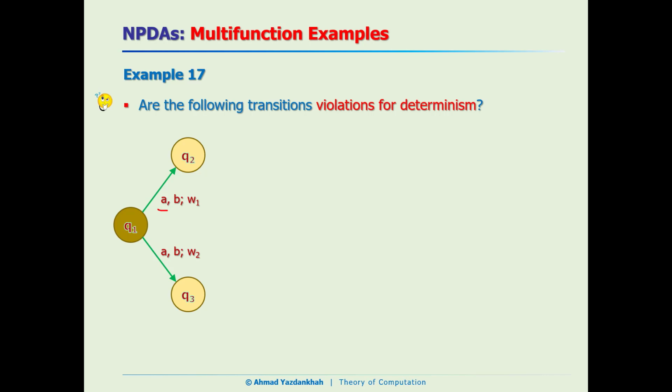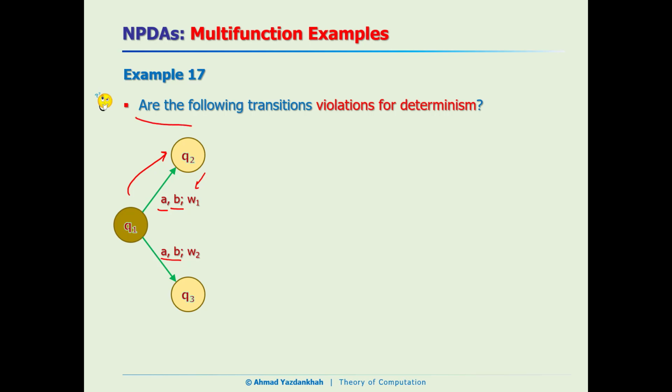Look at this: if the input is A and the top of the stack is B, move to Q2 and push W1. But wait a minute, we have another transition with exactly the same conditions.